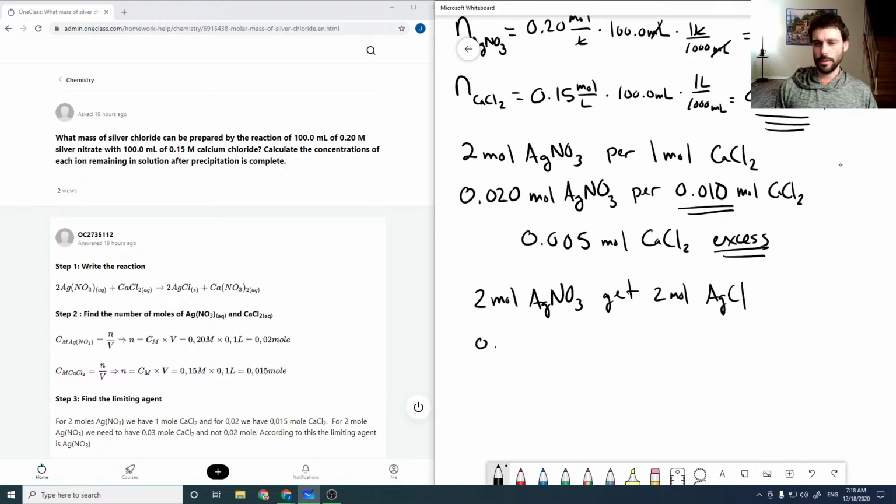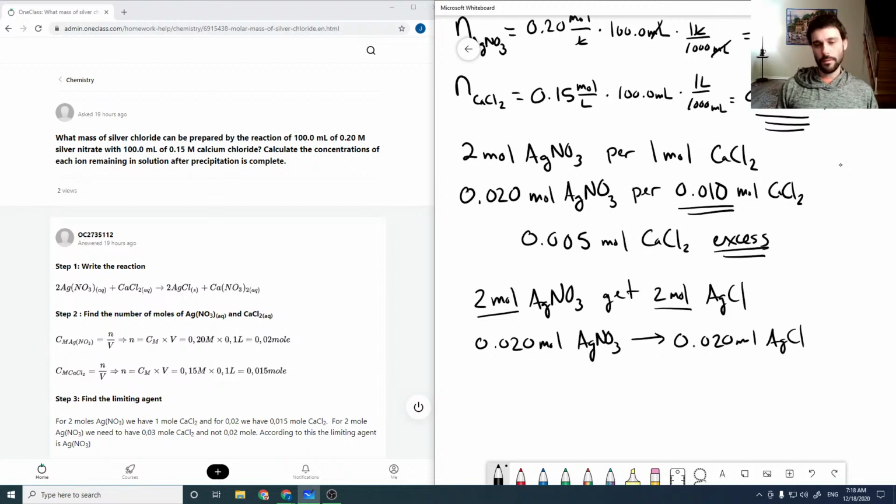Then 0.020 moles of silver nitrate will give us 0.020 moles of silver chloride. Although it's a 2 to 2, it essentially is a 1-to-1 ratio, and so after reacting 0.020 moles of silver nitrate, we're going to end up with 0.020 moles of silver chloride.